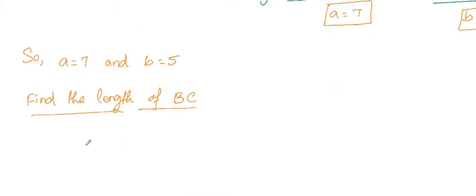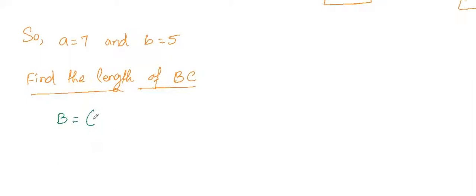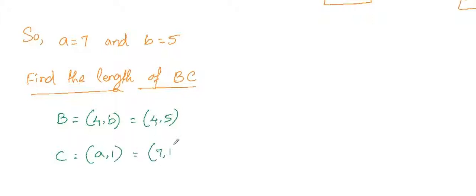What is the point B? B is (4, B) and C is (A, 1). So (4, B), where the B value is 5, so (4, 5). The point C is (A, 1), which means (7, 1). So just use these B and C points and find the length of the side BC.